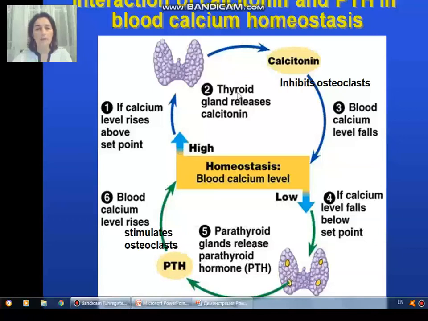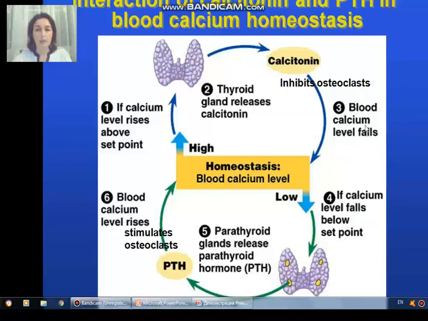The thyroid gland releases calcitonin, which inhibits osteoclasts and decreases blood calcium level, so blood calcium level falls because calcium is deposited in the bone tissue.